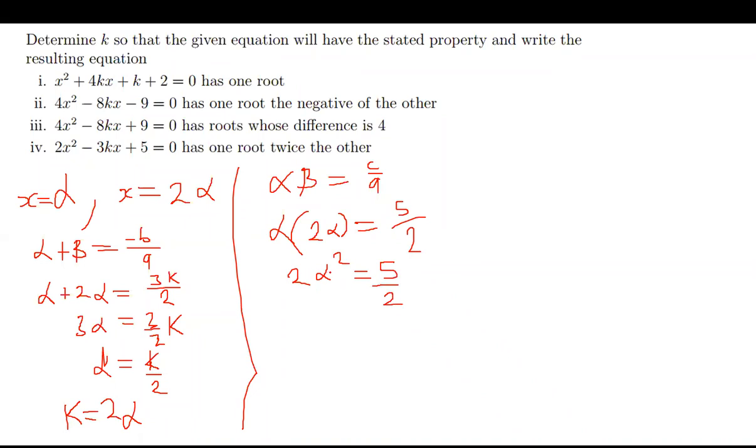So here what you do is, you can divide everything by 2, so that you just remain with alpha squared being equal to 5 over 4.